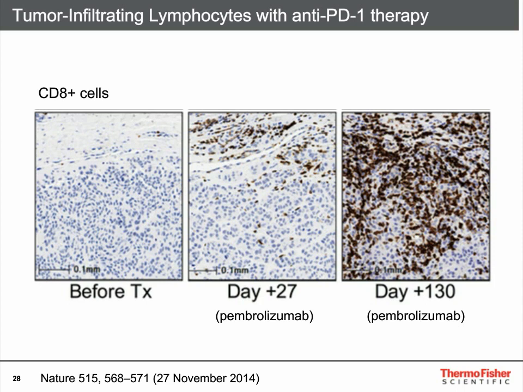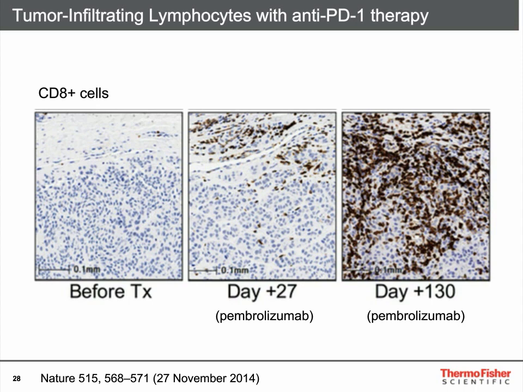But as progress through anti-PD-1 therapy occurs with pembrolizumab, we see after 27 days, we're beginning to have tumor-infiltrating lymphocytes invade this tumor. And after more time progresses on the right, we see a very marked increase in invasion of these lymphocytes, which are now able to not only identify but bind and kill our tumor cells.